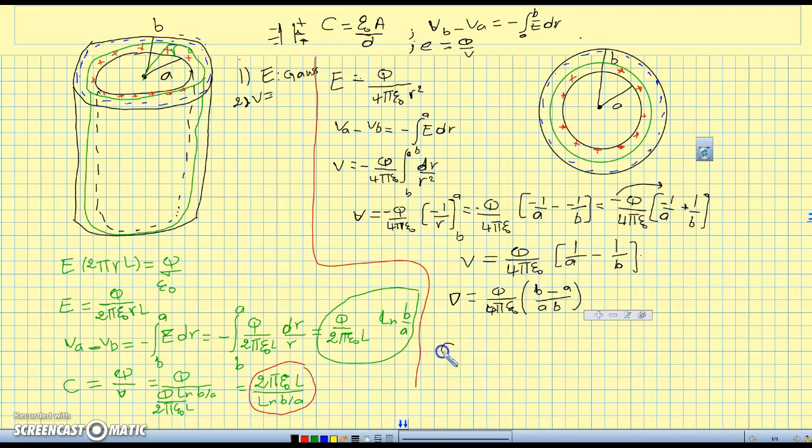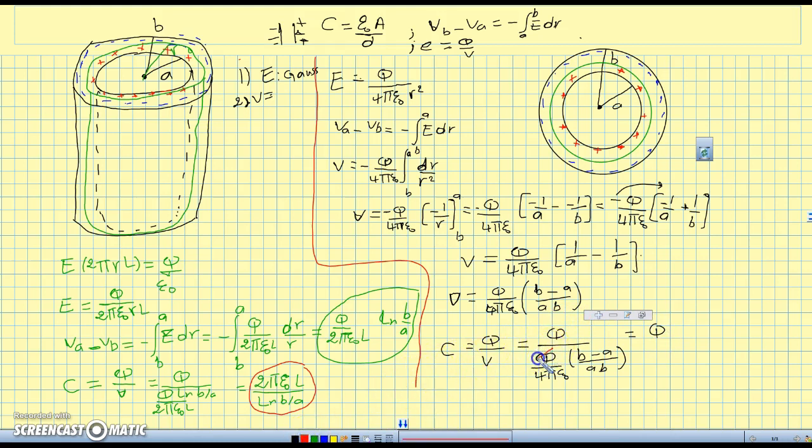Alright, so now C is equal to the total charge over the voltage between the plates, which is equal to Q divided by Q over 4 pi epsilon 0, and then you have B minus A over AB. Now we can rearrange this equation. Well, I lose Q on both sides.